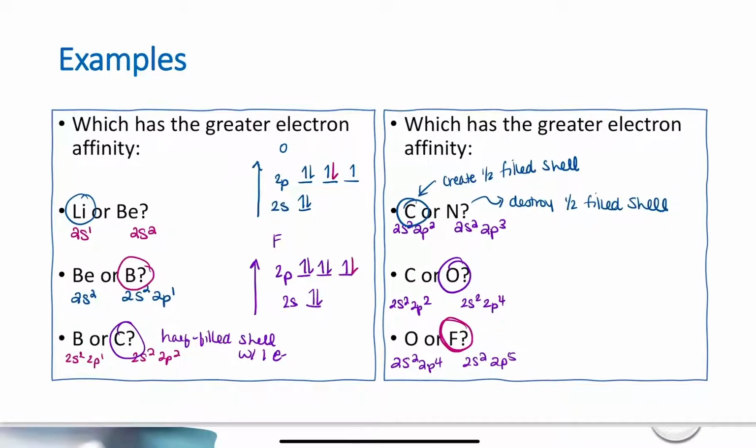Fluorine's going to pay more than oxygen does. Oxygen's going to pay a lot, but fluorine's going to pay just a little bit more because it's just that much closer to gaining a completely filled 2p shell, but also an n equals 2 shell. So fluorine just needs one electron to be just like a noble gas.